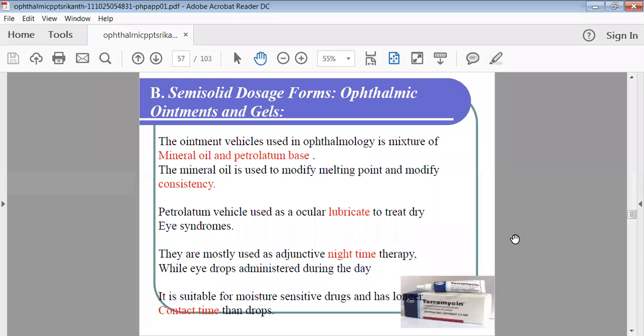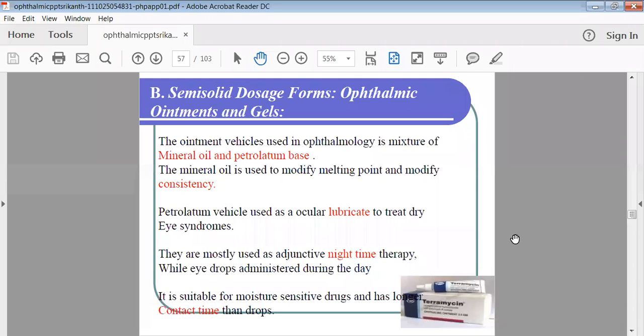Generally, ointment vehicles are used as a mixture of mineral oil and petrolatum base. Generally, we use some mineral oils to modify the melting point and consistency of your ointment. Then petrolatum vehicle is also used to give lubrication property to your eyelids.